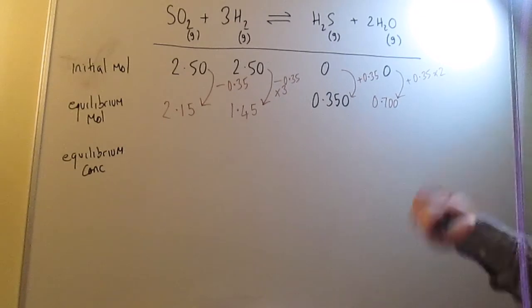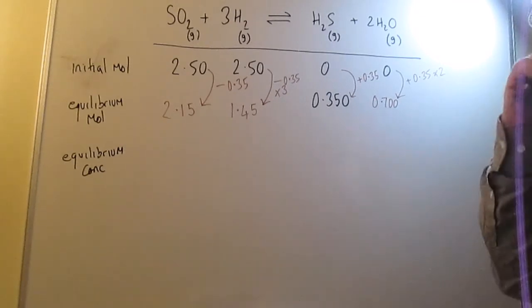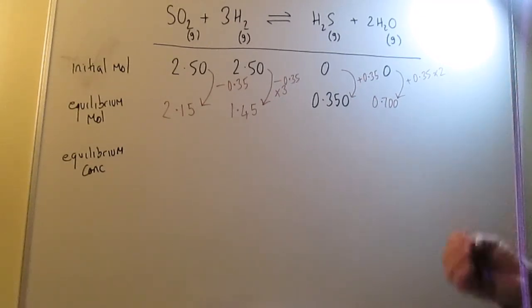If you don't turn these into concentrations, you will get the wrong number. So we need to do that, and therefore you need to find the volume, and it tells you in the question, you've just got to look for it, that the volume is 20.0 dm cubed.